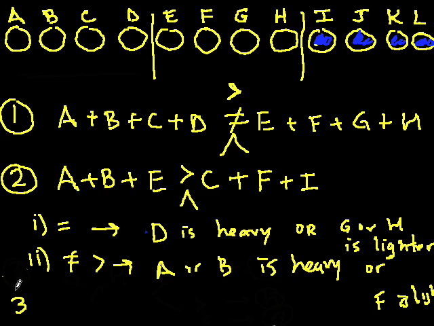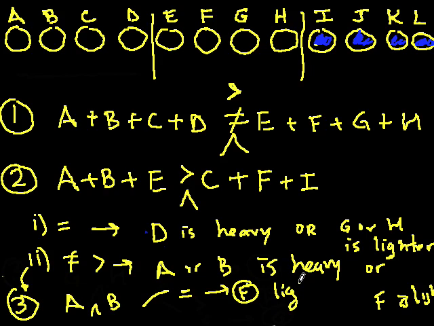So our third measurement in case 2 is to do A versus B. If they're equal, then that implies that F is the light one. Or if A is bigger, then that means that A was the heavier one. Or if B was bigger, so if it's less than, then that implies that B is the heavier one.